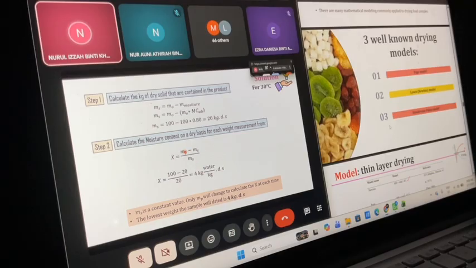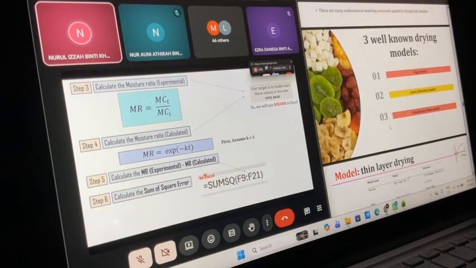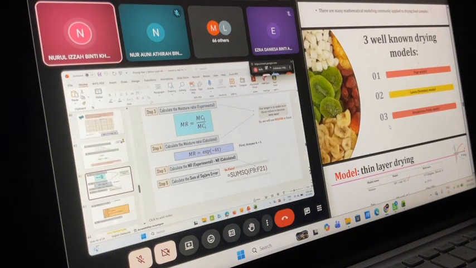That's why the mass of product minus the mass of solid gives you the mass of moisture. The mass of moisture divided by the mass of solid gives you the moisture content on dry basis. Okay, that's how you can open your Excel.